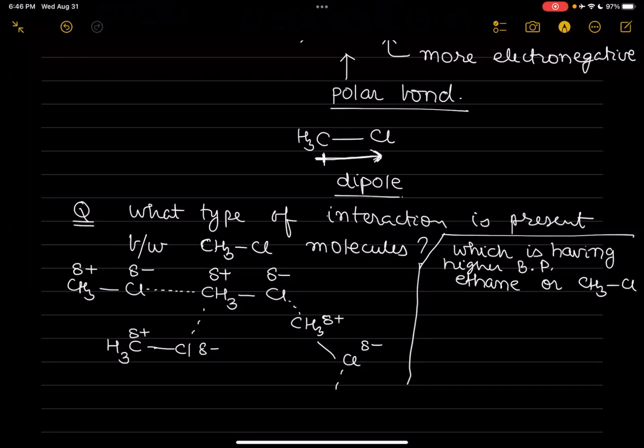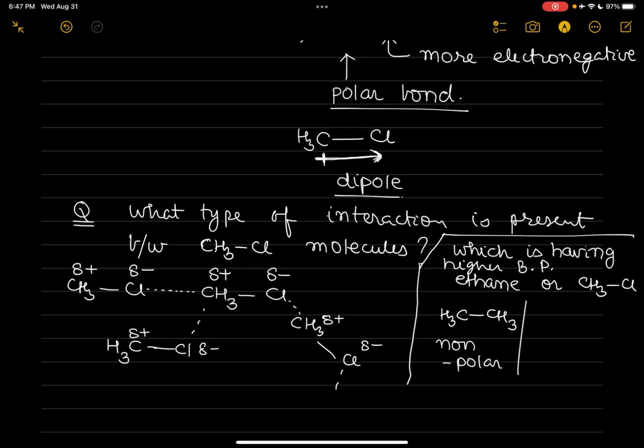Suppose you take ethane. Ethane is CH3CH3, and will it be polar? No, sir, because both are carbon atoms. So it is a non-polar molecule.